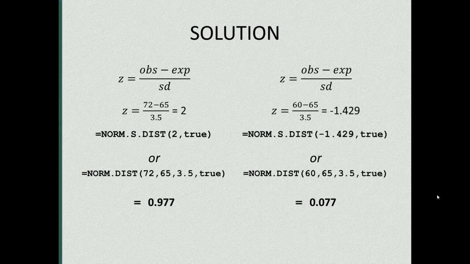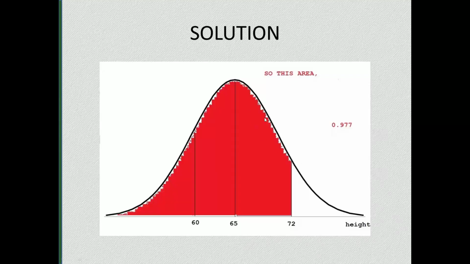Once we've got those numbers, what do we do with them? We subtract them. Why? Let's look at our picture. We computed an area for 6 foot, for 72 inches, and this area, shaded in red, was 0.977.